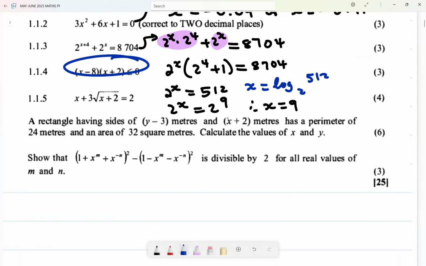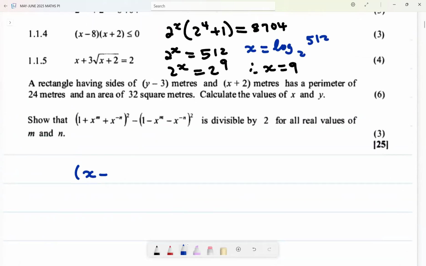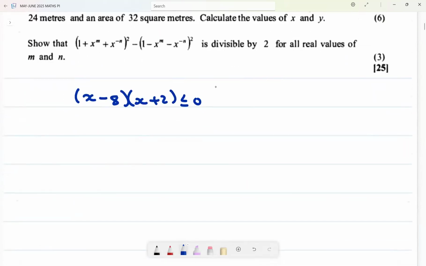I have this question here: (x minus 8)(x plus 2) is less than or equal to 0. My critical values are negative 2 and positive 8. Then I can draw my sketch here with negative 2 and 8.